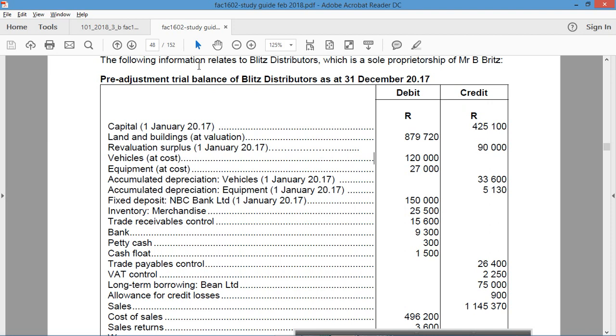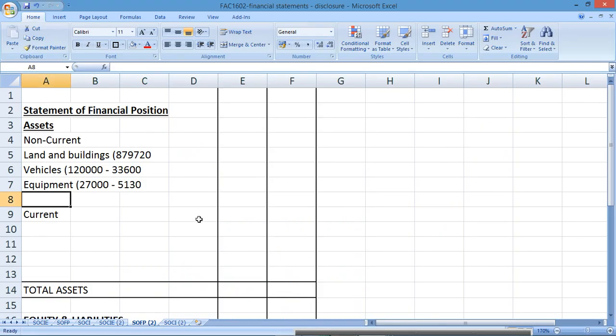It's not an expense. It's an asset. Which one, non-current or current? Non-current, because it's longer than 12 months. So where would you put it? It will be under the non-current assets.